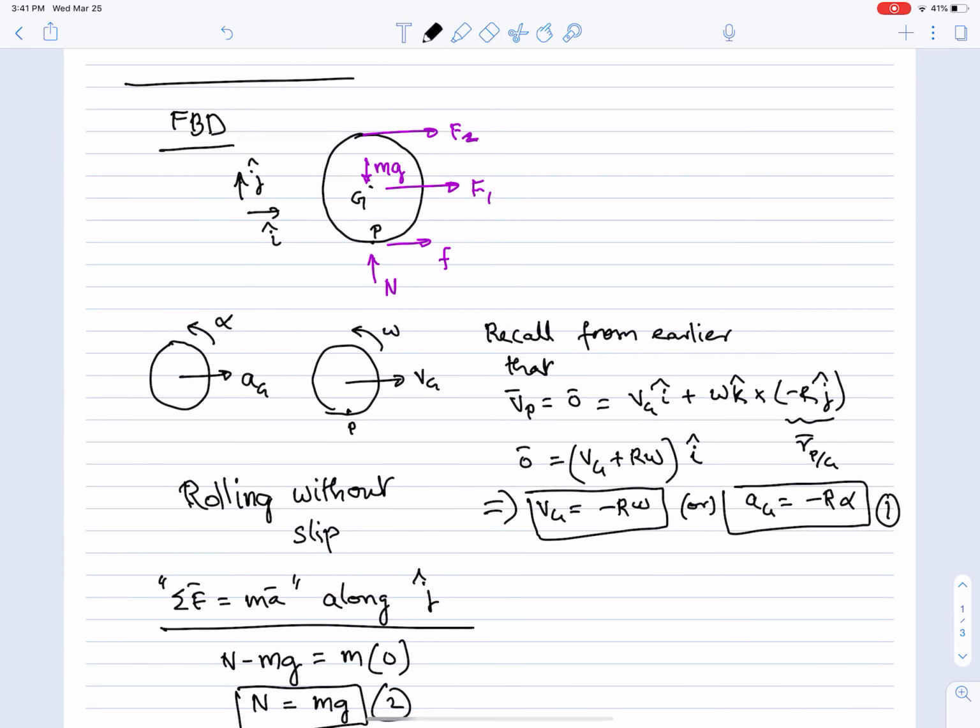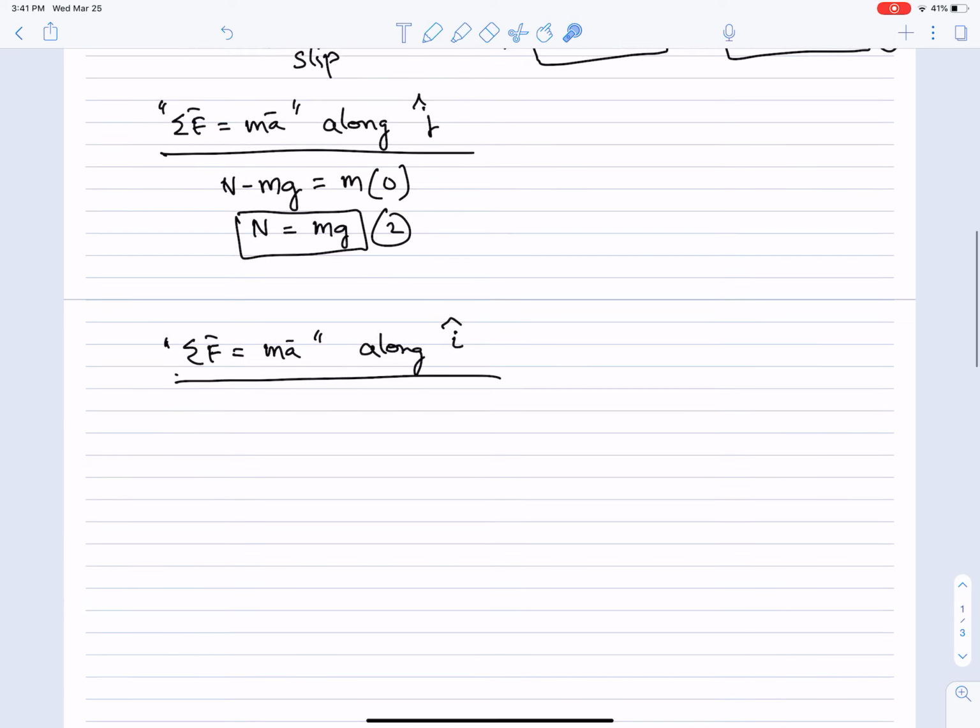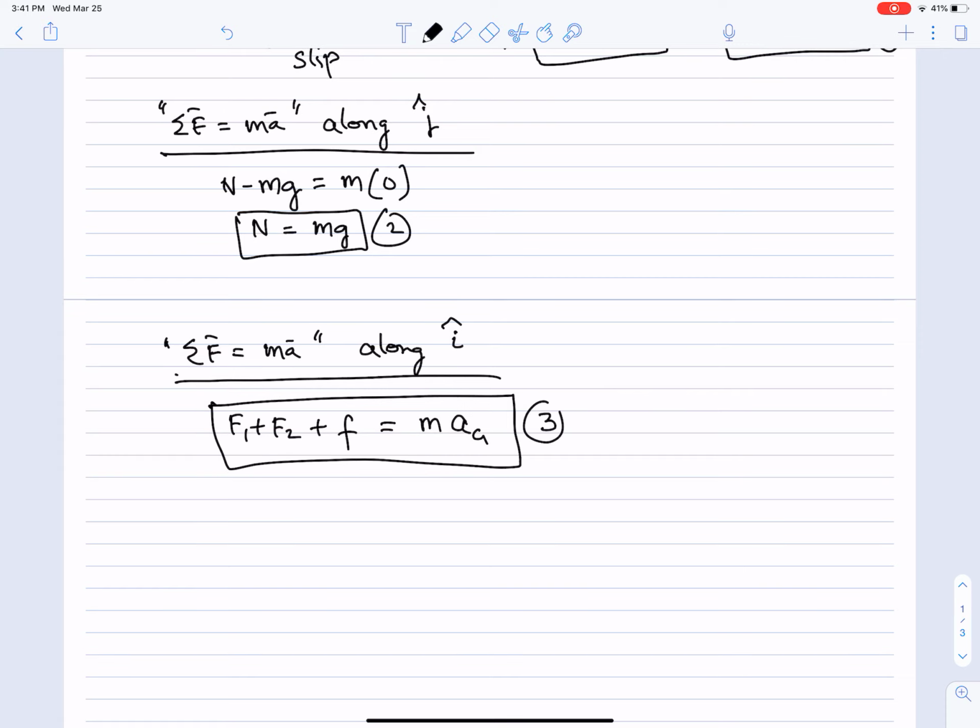It's capital F1, capital F2, the friction force small f, and that's about it. Those are the 3 forces. Okay, so let's say F1 plus F2 plus f equals mass times acceleration AG. Okay, so that's equation number 3.